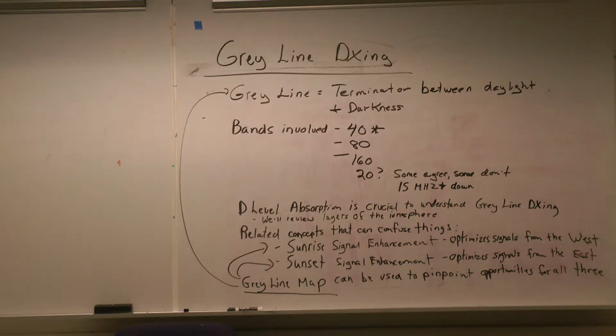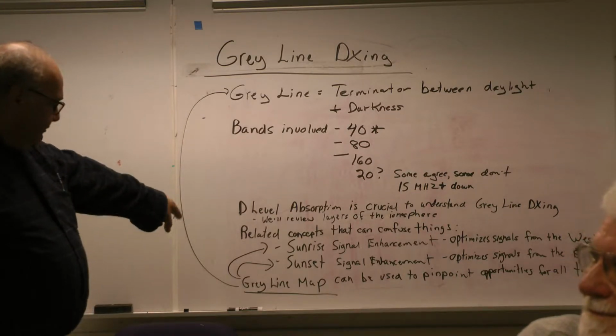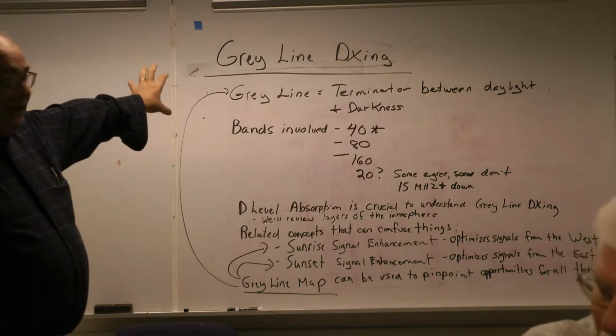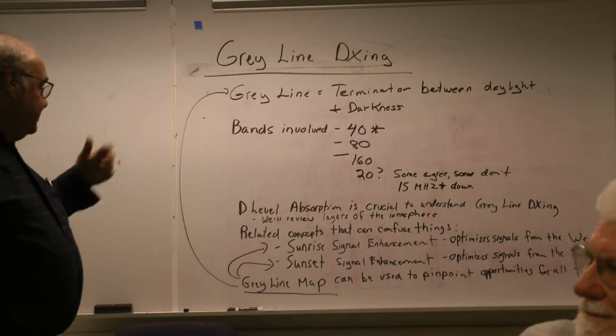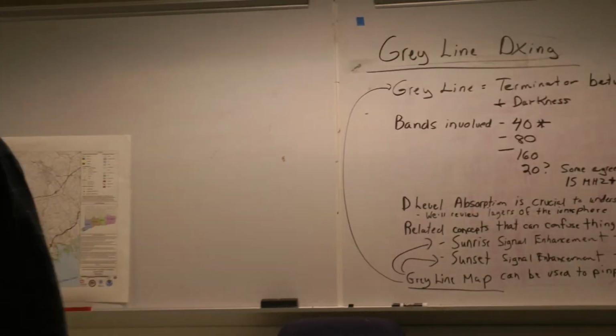It's what I would call one-way gray line DXing, for reasons that we'll get into and discuss in just a minute. But doing the analysis for doing gray line all works with that software. So my whole point, just concluding on the overture here, is that the gray line map can be used to pinpoint opportunities for true gray line DXing, as well as taking advantage of sunrise signal enhancement and sunset signal enhancement.